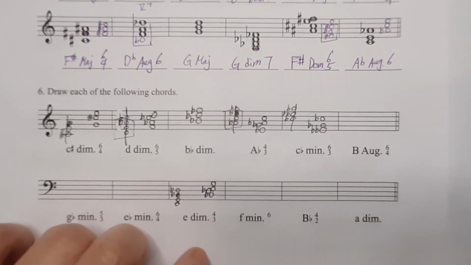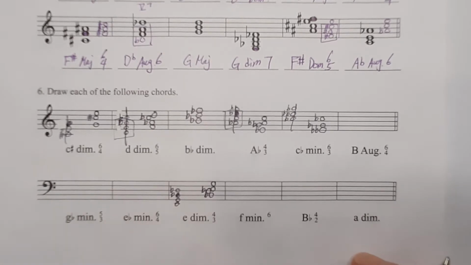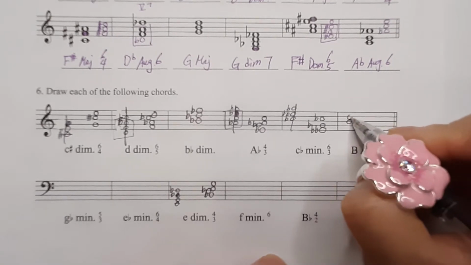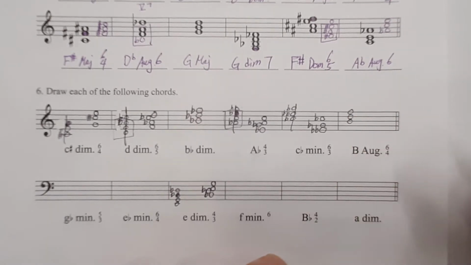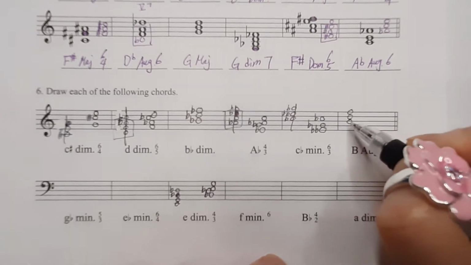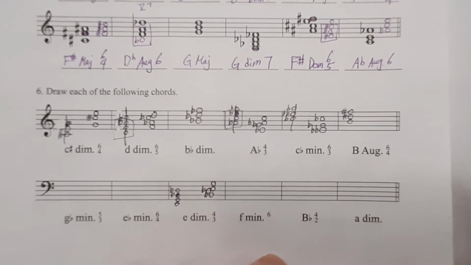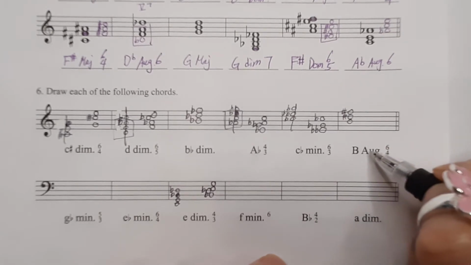Okay, good. We'll do B augmented 6-4. First of all, we're going to draw this in B major. In the key of B major, you know, there's a D sharp and F sharp, right? But you want this in augmented.